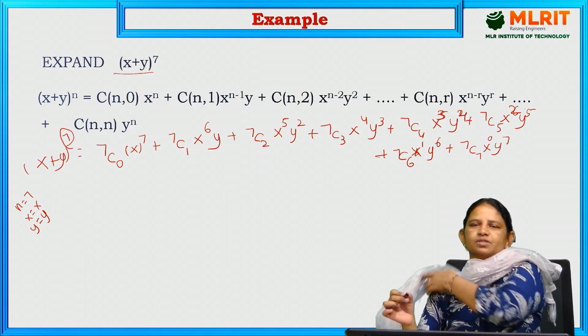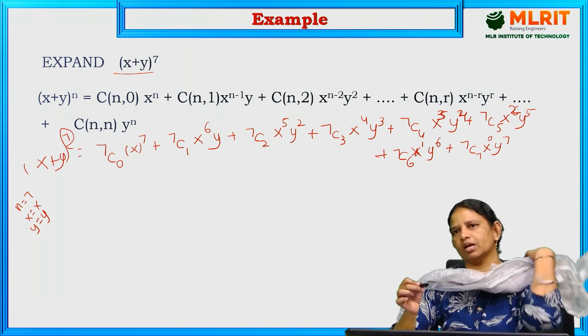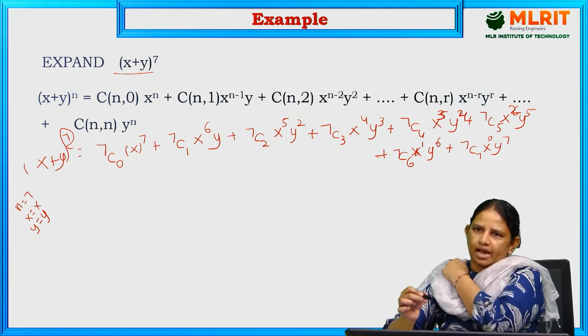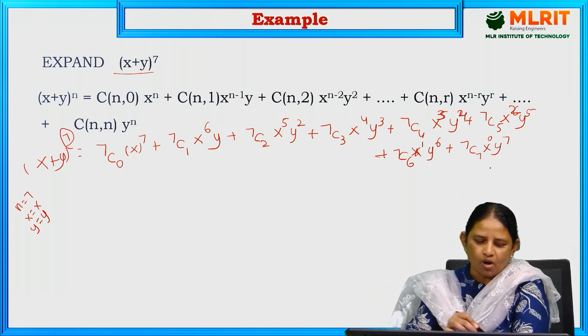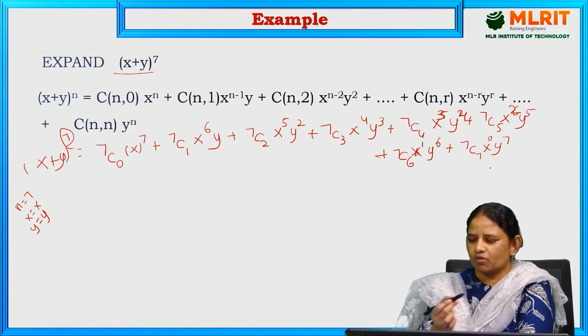What are the terms in the expansion? According to Pascal's triangle, we have to construct the values of what is 7c0, what is 7c1.